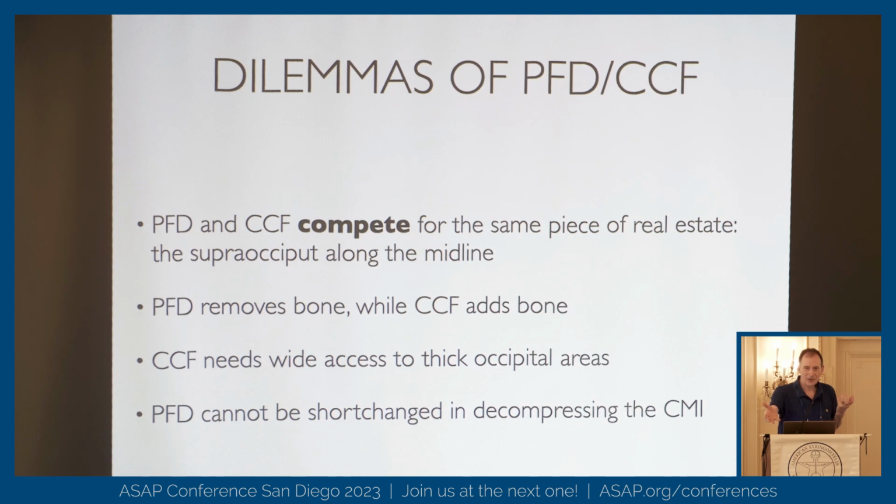As I told you, craniocervical fusion likes to add bone. On the other hand, in the Chiari surgery, you sometimes want to open one or two vertebrae. You want to put screws, so whatever, how much you open. But the biggest thing is the hole in the back of the skull.